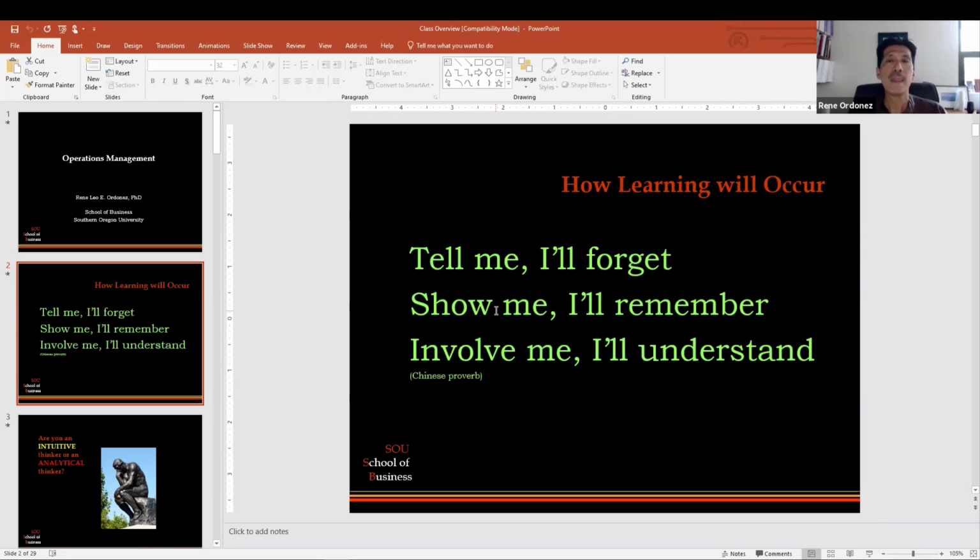And hopefully you will also try to replicate the things that we do in class or the things that I show you. Because in problem solving, as you will learn later on when we learn the concept of learning curves, repetition will allow you to be more efficient at doing a particular task.